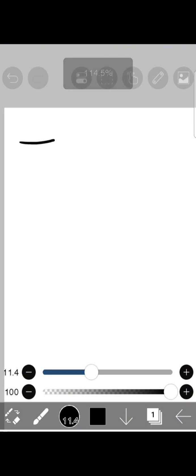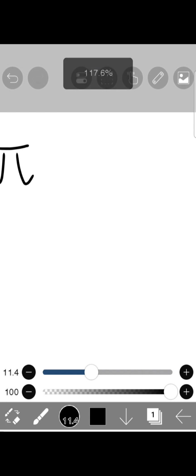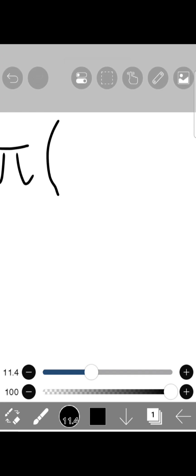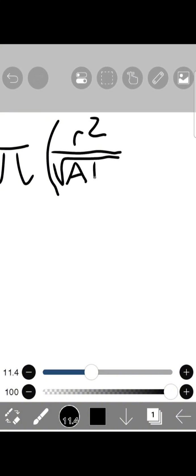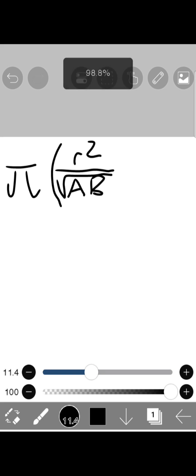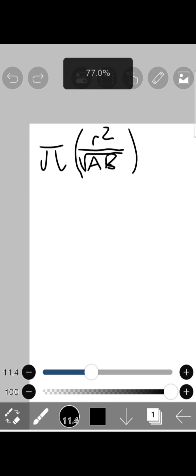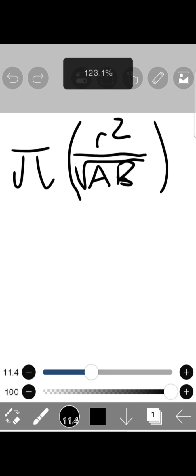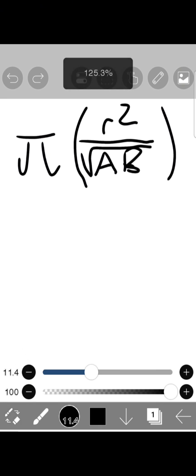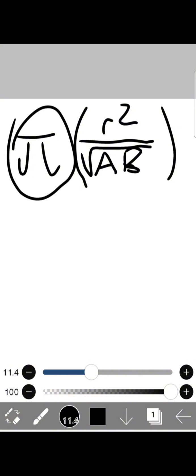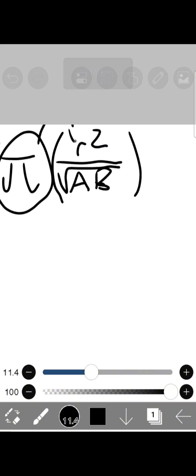So now we have pi multiplied by r squared all over square root of ab. Sorry for the word. Here we can also simplify this further by moving the constant pi all the way to the numerator.